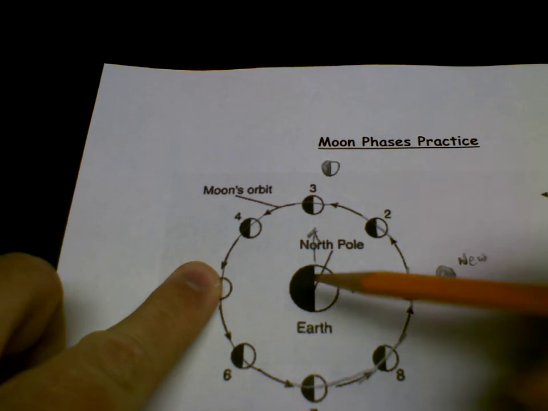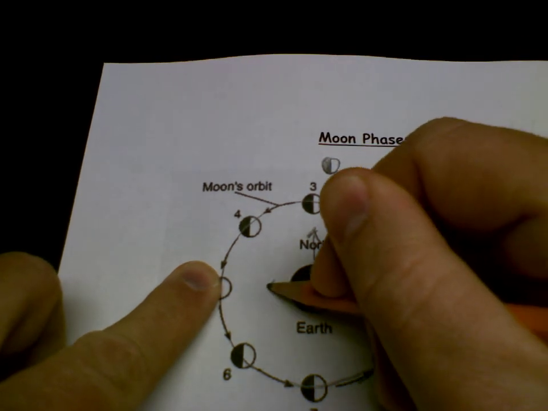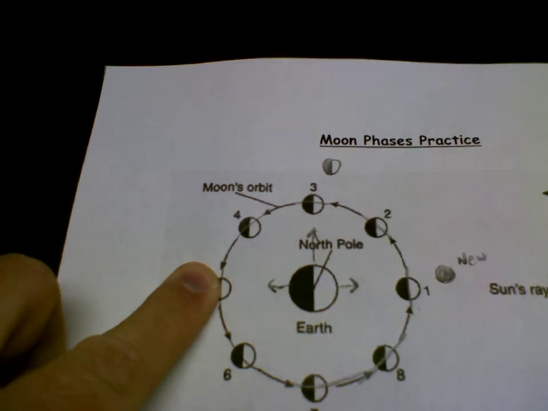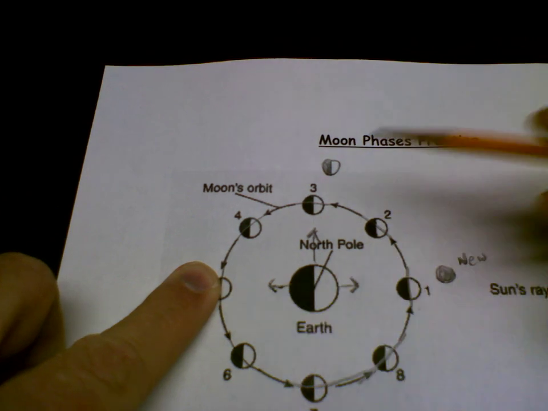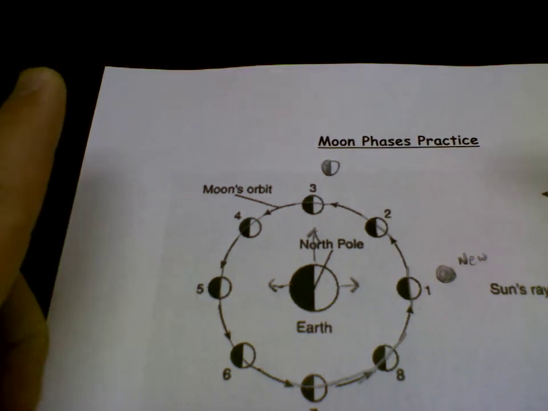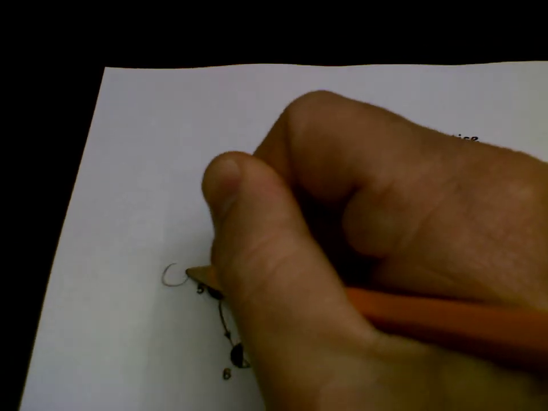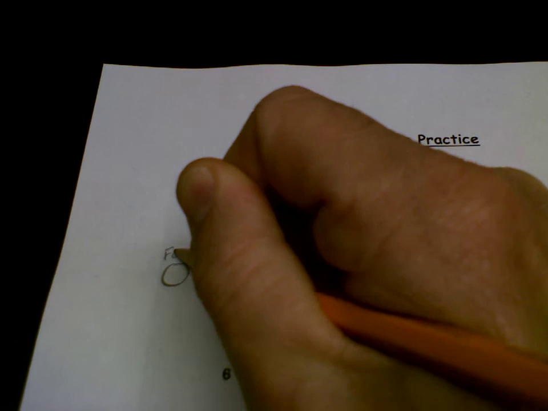And now looking from Earth at the moon, I don't even need to turn my page because, is anything dark here? It is not. So therefore this would look to us like a full moon. It looks fully lit up. Even though it's only half, it does look fully lit up. So this is a full moon.